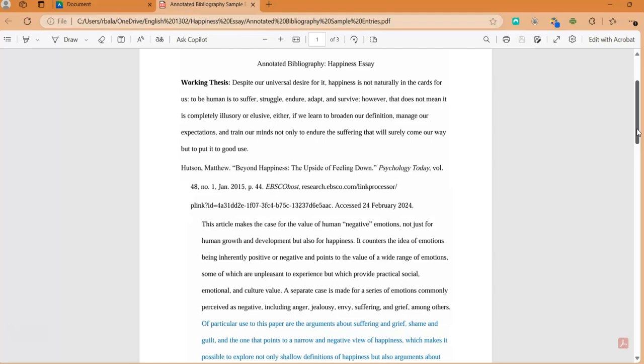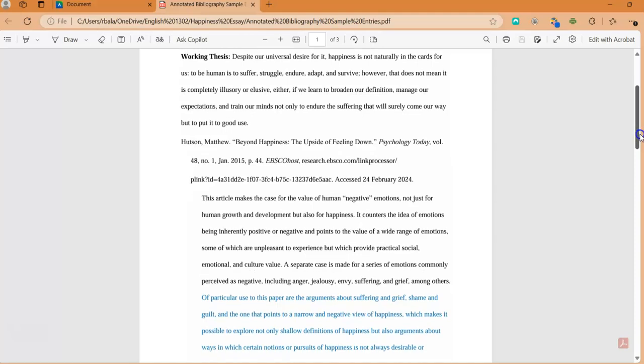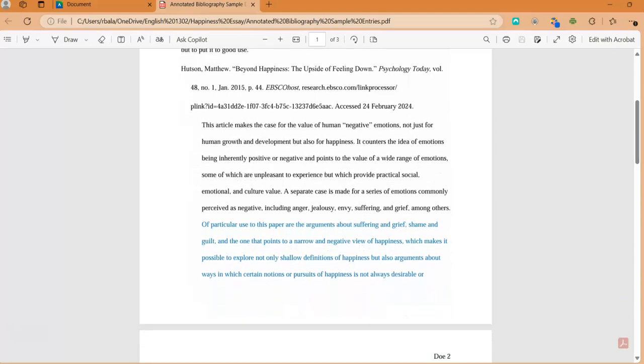Okay, so then if we look at this first example, we've already read this. We know it's going to be relevant. But let's pretend for a moment you didn't know what this article is about. I've got a summary here that says this article makes the case for the value of human negative emotions, not just for human growth and development, but also for happiness. So notice that I start out there with the main claim so that I can kind of give the upshot of the rest of it.